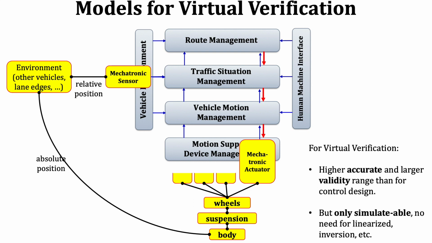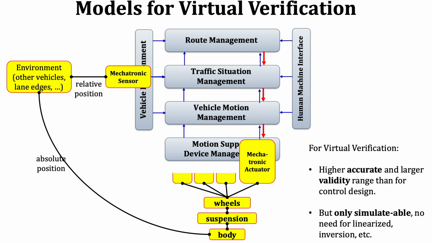We need wheels, tires, suspension, and body. And all this is for the subject vehicle, the vehicle that we are designing, the ego vehicle. But then this vehicle positions itself into an environment where we have models of the surrounding vehicles, and from that we, in some way, should sense where we are. So this is the whole loop for virtual verification.